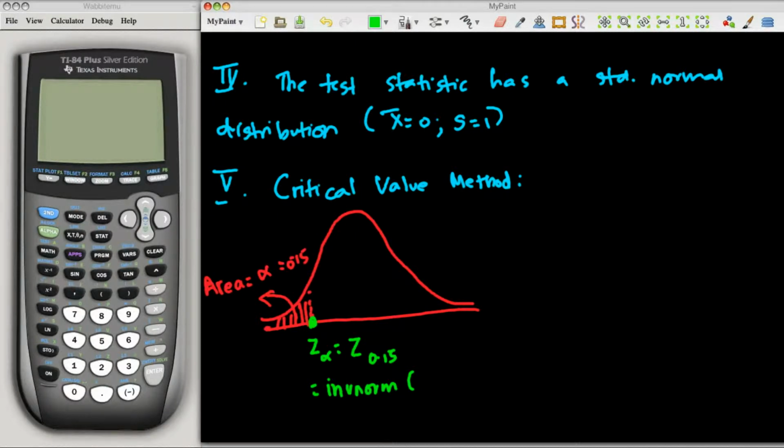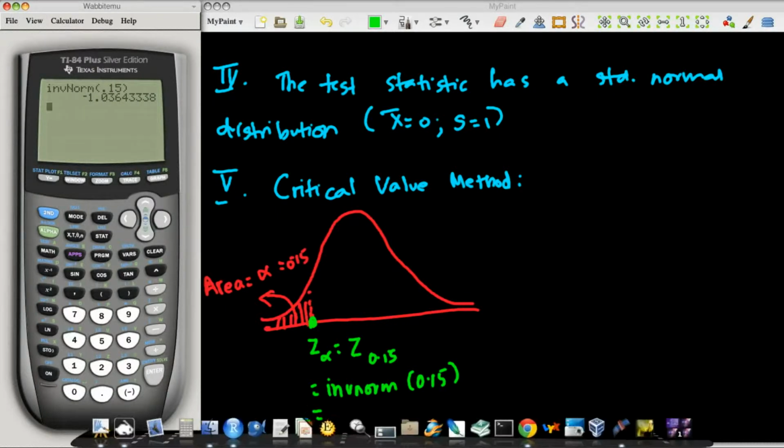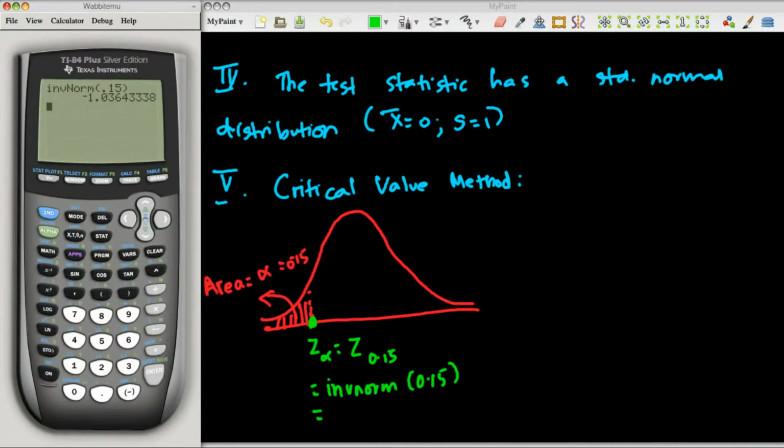The area below is 0.15, and that should give me the critical value. We could do this using the calculator as follows. Option 3 is inverse norm, 0.15, close paren, press enter, you get negative 1.036.